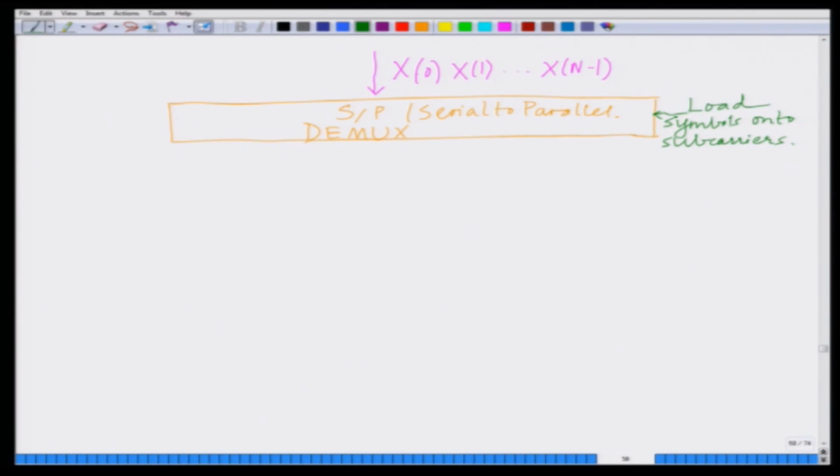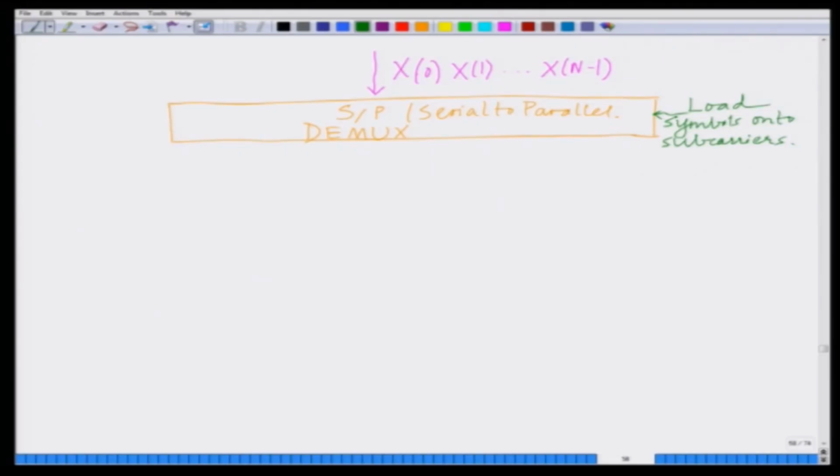We have a serial symbol stream of the capital X's, that is capital X0, capital X1, up to capital XN minus 1. This symbol stream is converted into a set of parallel symbols X0, X1, up to XN minus 1 to load them onto the various subcarriers for the IFFT operation.